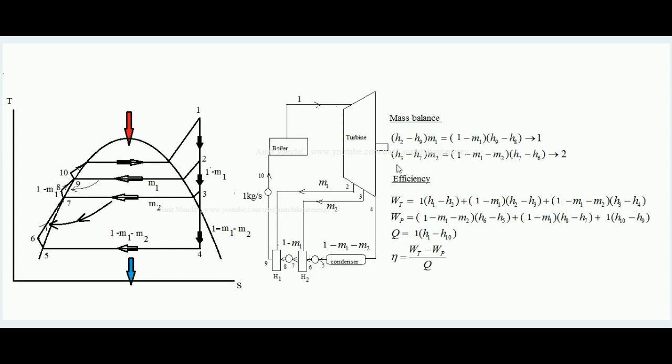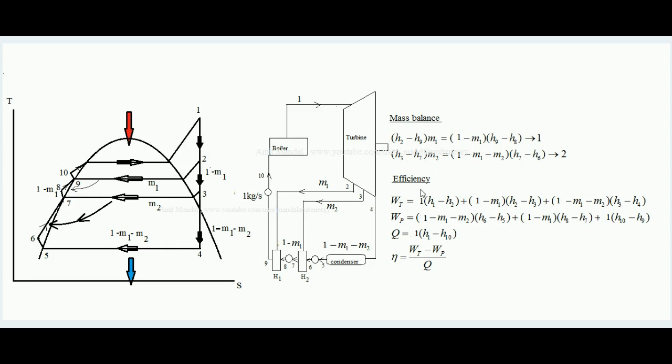So the second energy balance equation would be (h3 minus h7) into m2 equals (1 minus m1 minus m2) into (h7 minus h6), because the enthalpy increase of 1 minus m1 minus m2 amount of water is between 7 and 6. So this is our equation 2. These enthalpy magnitudes, h9, h8, h2, h3 and h7 etc., can be found by analysis and steam tables, which is there in my Rankine cycle lecture, on how to find those. The only unknowns are m1 and m2. Since the equations are 2, we can find out the values of m1 and m2.